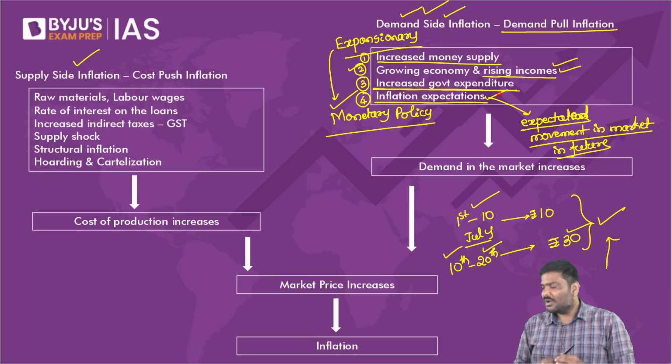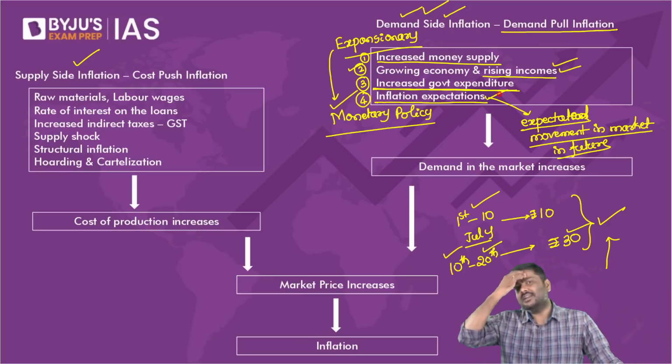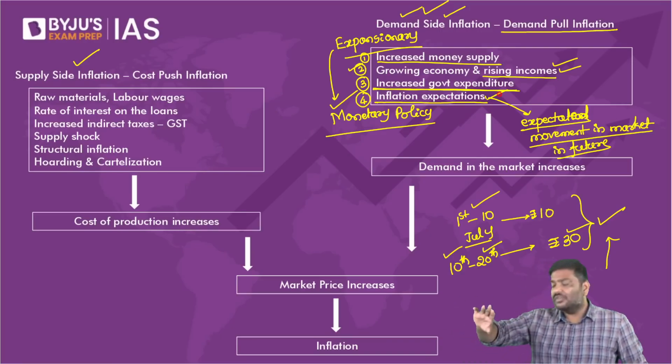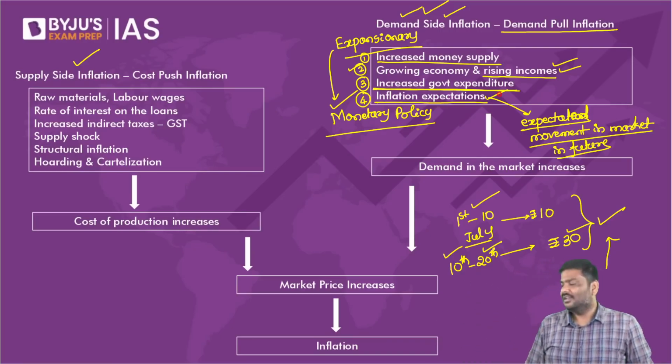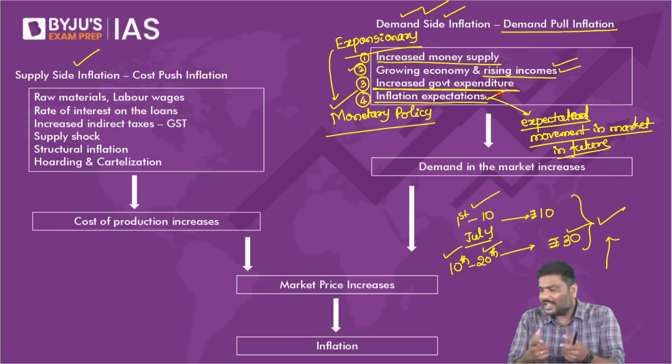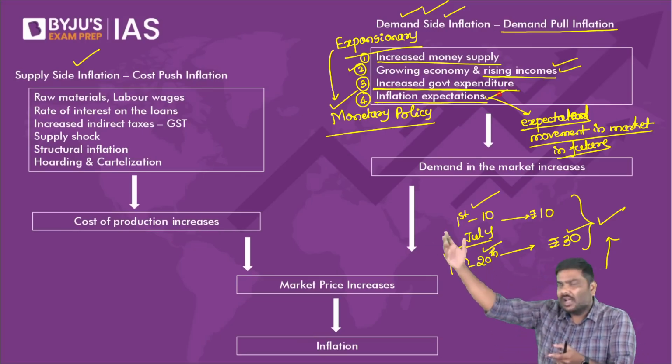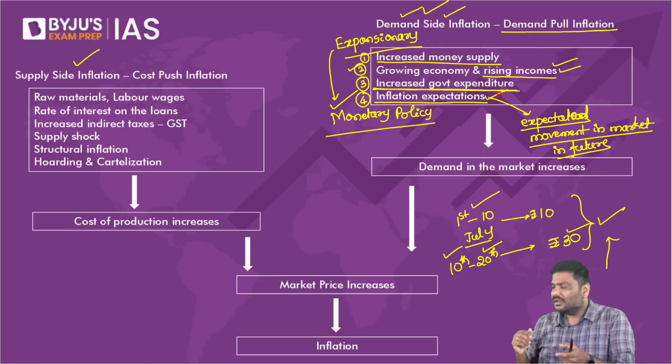I hope you understand. Some of you are saying, sir, I will wait. My dear, the expectation is that in the future prices are going to increase further. If you know that, will you not purchase more tomatoes today compared to how much you would purchase after one week?